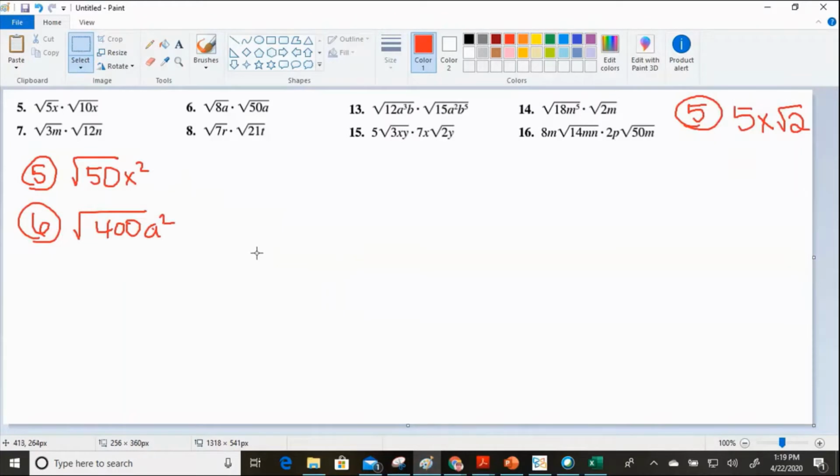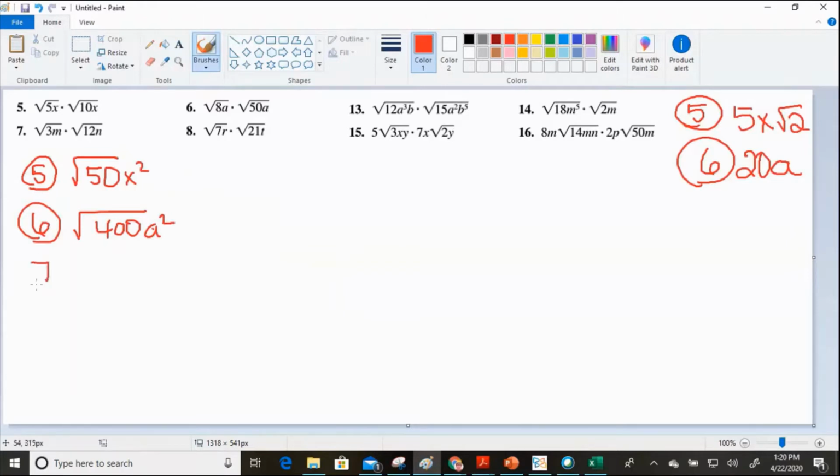It probably will, but you might not realize that 400 is a perfect square. Square root of 400 is 20. So you basically have your answer already. And the square root of a squared is already even, and I pull out 1, and I'm left with nothing on the inside.